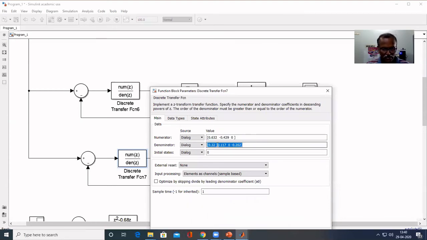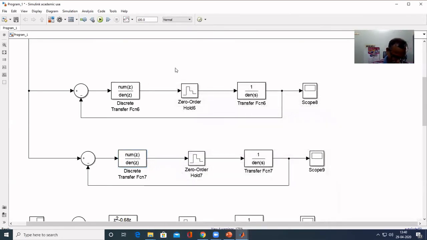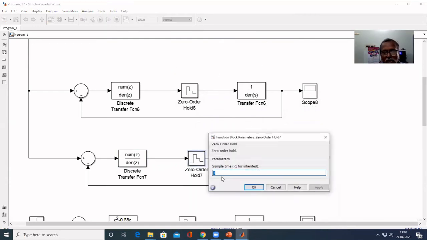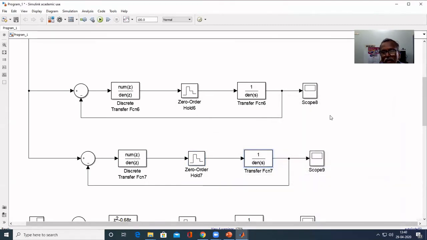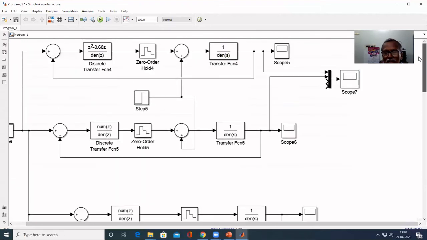Denominator 0.32 z cube minus 0.117 z square, the z term is 0, and the constant term is 0.202, and the sampling period is 1. Yes, so we got all controllers ready. Zero order hold, sampling period is 1, and the fourth order system is entered here. Now we can simulate all these controllers.